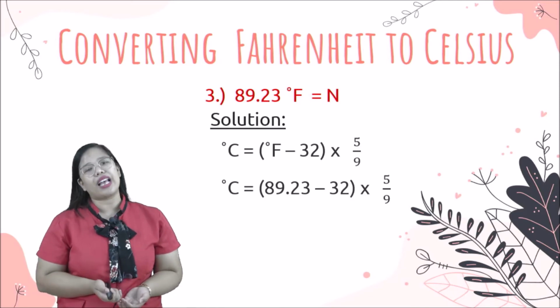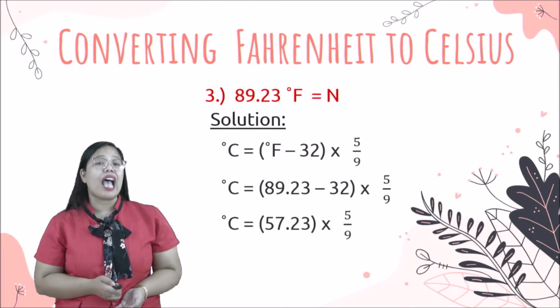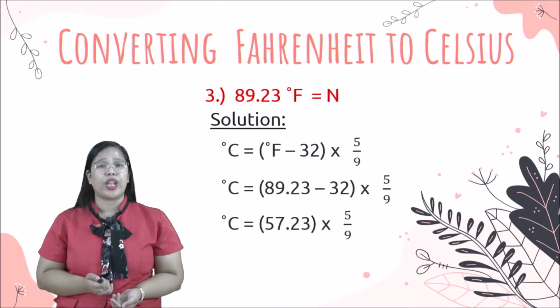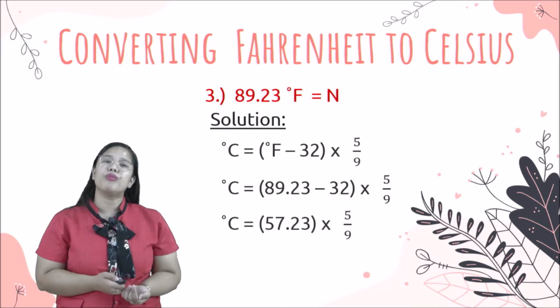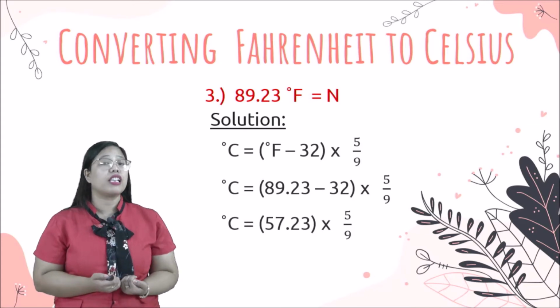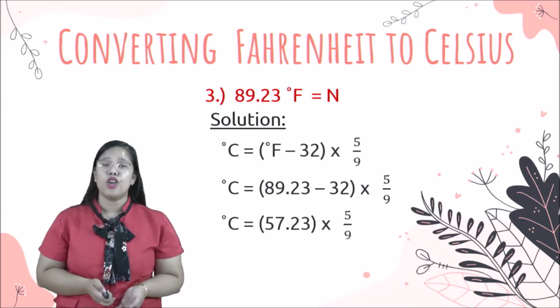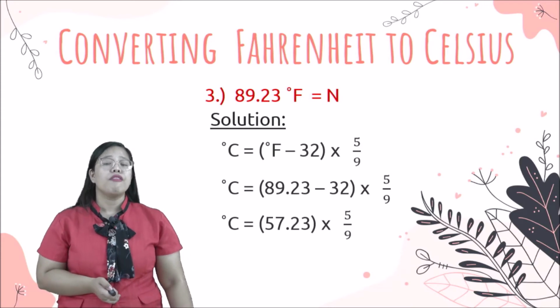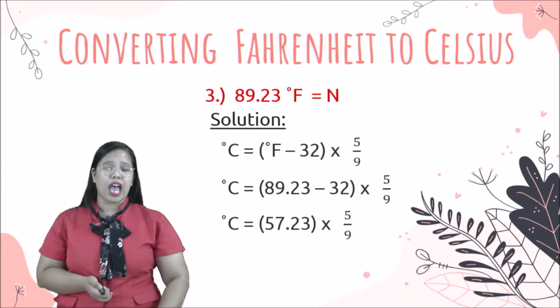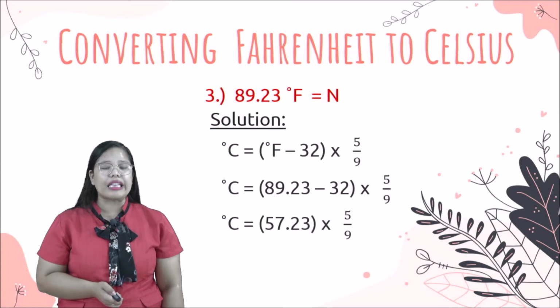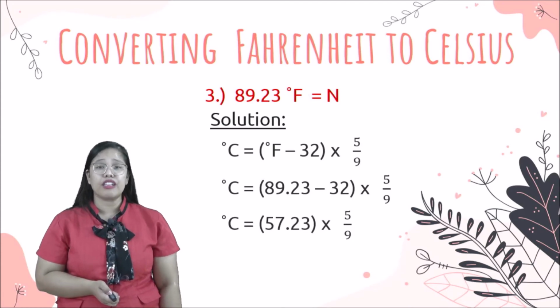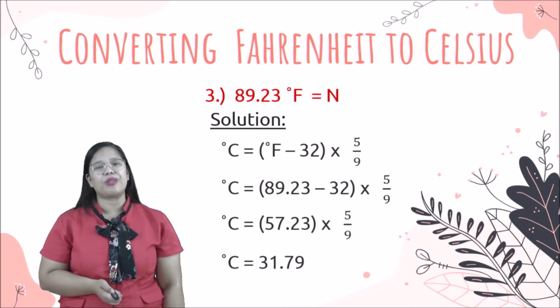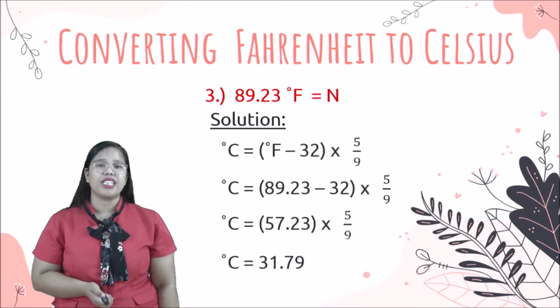We will subtract it by 32. So the answer will be 57.23. And this is the time that we will multiply it by 5, and then the answer will be divided by 9. So 57.23 times 5 will be 286.15. And divided by 9, the answer will become 31.79.